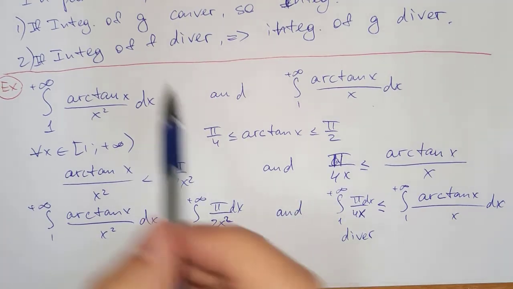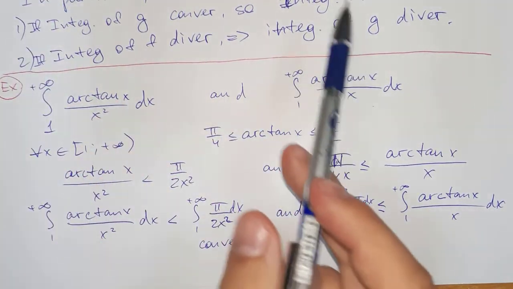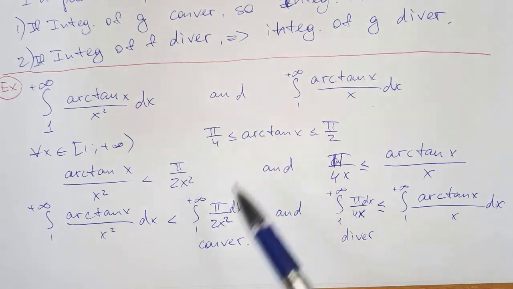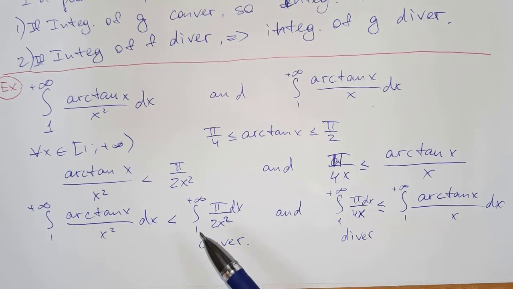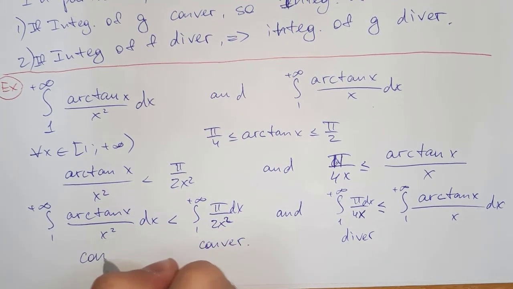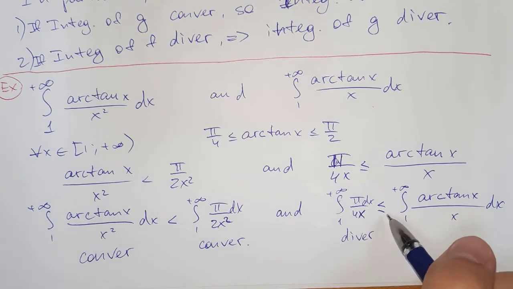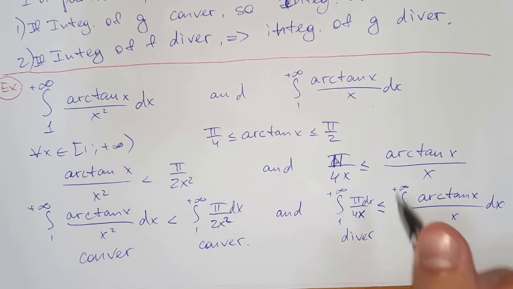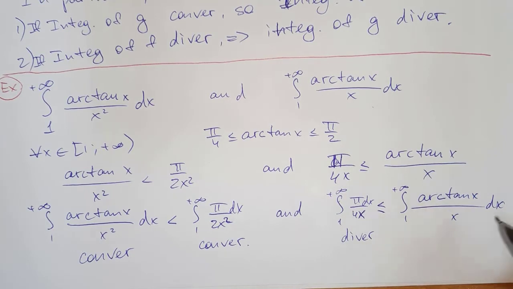Now, using this comparison test theorem, if the greater one is convergence, it means the less one is also convergence. So it means this one is also convergence. And however, if the lesser one is divergence, the greater one also diverges. So it means this one also diverges.